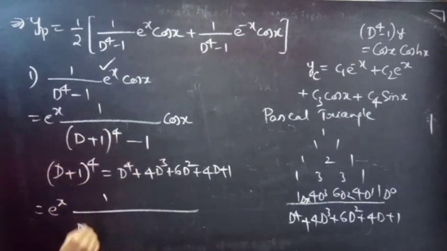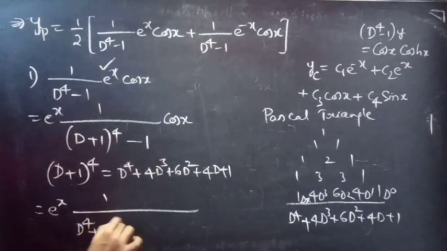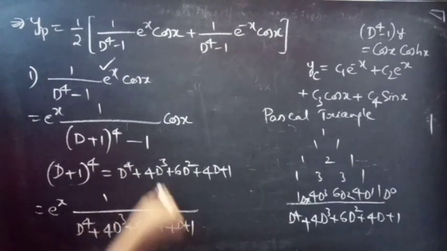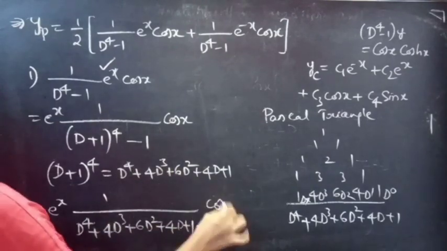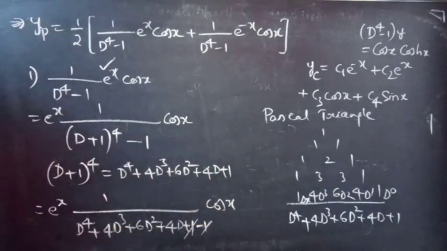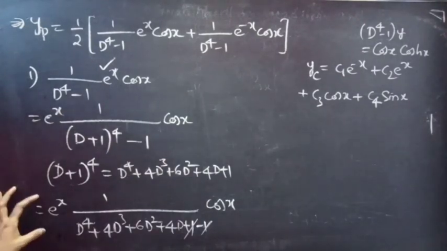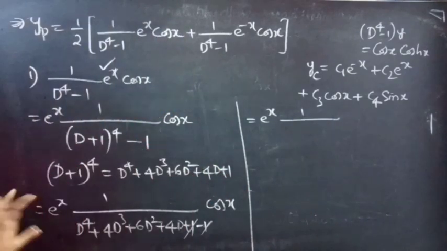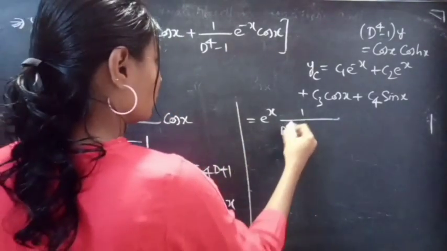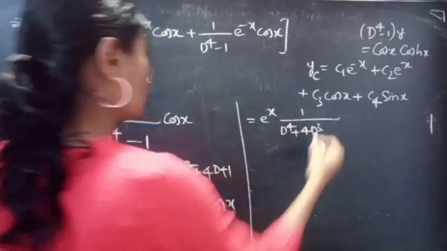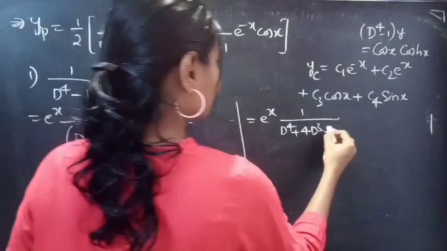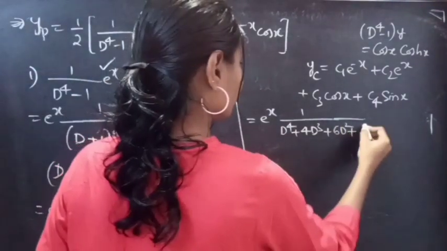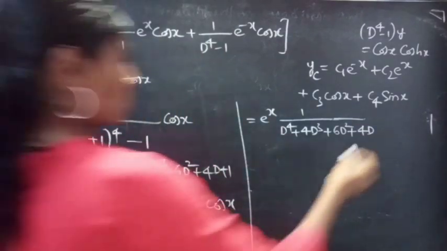Okay, fine. Now coming to the problem, this becomes e power x into 1 by expansion of d plus 1 whole power 4, which is d power 4 plus 4d cube plus 6d square plus 4d plus 1 minus 1, into cos x. Here plus 1 minus 1 gets cancelled. Then this becomes e power x into 1 by d power 4 plus 4d cube plus 6d square plus 4d into cos x.